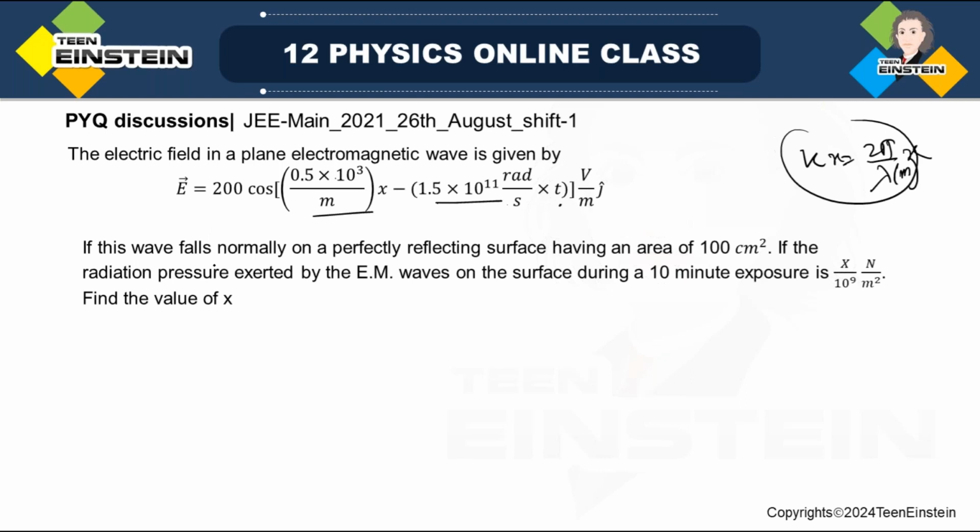Question says if the wave falls normally on a perfectly reflecting surface having an area of 100 centimeters square, if the radiation pressure exerted by EM waves on the surface during 10-minute exposure is this much, then find the value of x divided by 10 to the power 9 meter square.